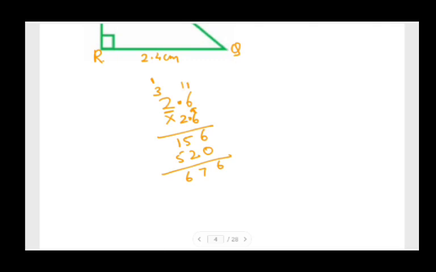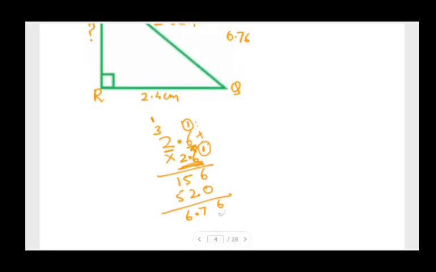Okay. I have one number after the decimal. In this one as well, I have one number after the decimal. So I have in all, if I add these 1 plus 1, 2. Okay, so I have one decimal place over here, another decimal place over here. So 2 decimal places when I deal with them. So from behind, you have to put a decimal after 2 numbers. Okay, so that's how it's 6.76, children.